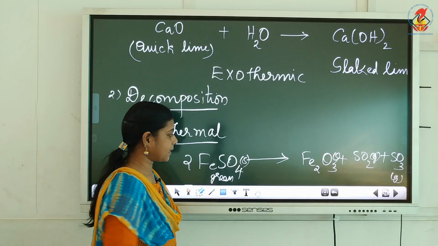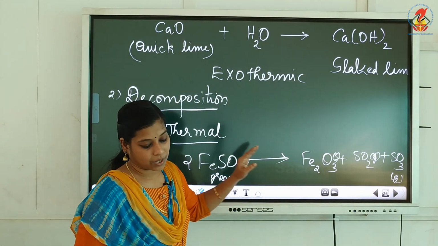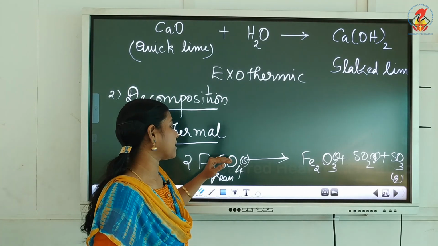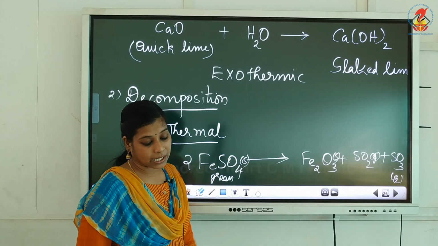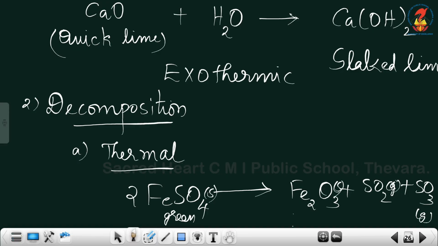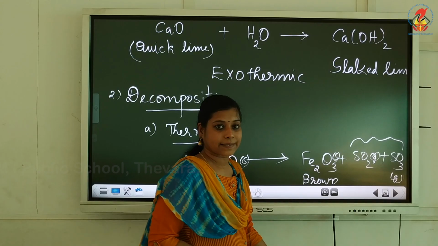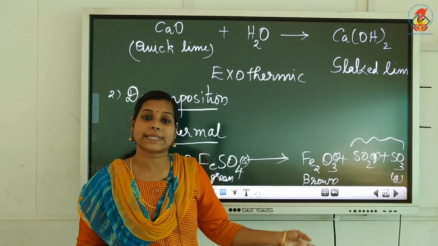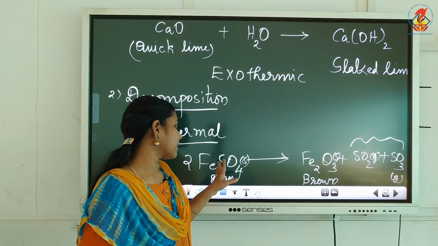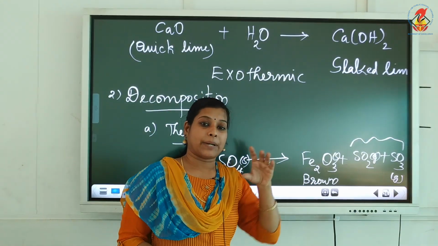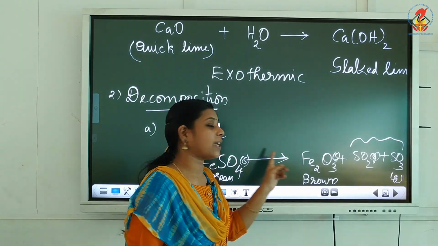If we are heating that ferrous sulfate, which is green in color, we will get a brown material. Ferric oxide is brown in color. So there will be a color change, to brown, and we will get a pungent smelling gas, a mixture of sulfur dioxide and sulfur trioxide. This reaction is a particular reaction in which color change is happening.